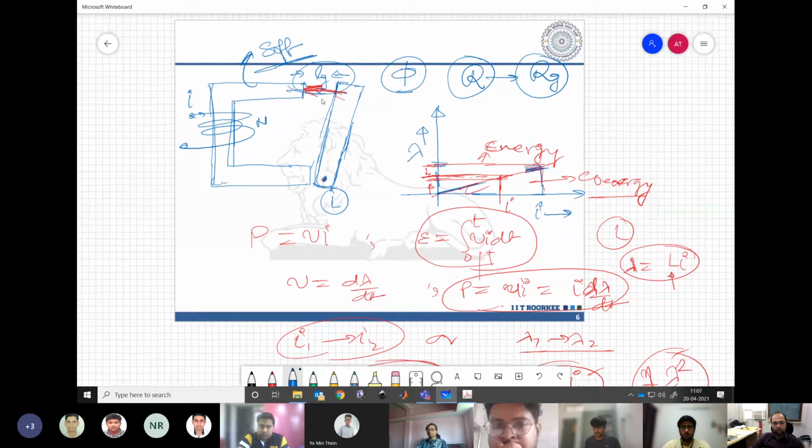That was happening because of the tendency of this magnetic material to move towards the lower reluctance path. This is what we have seen, right? You understood this thing, right?